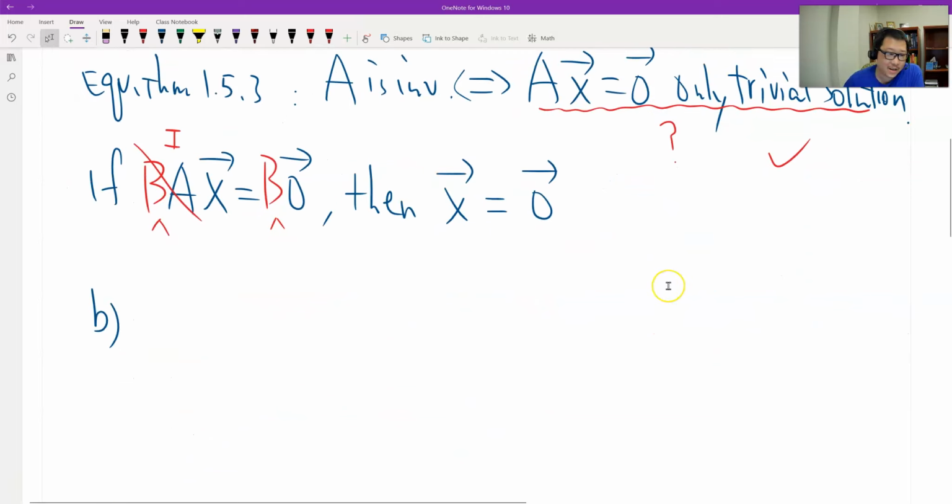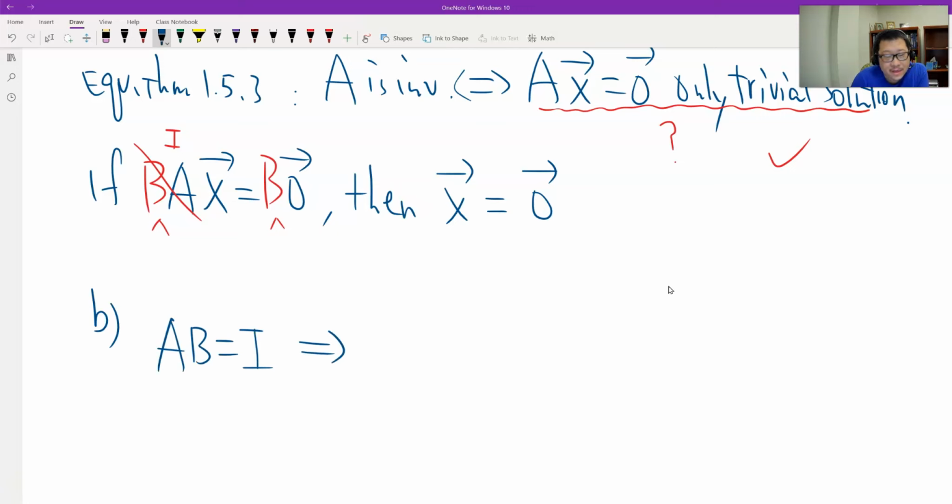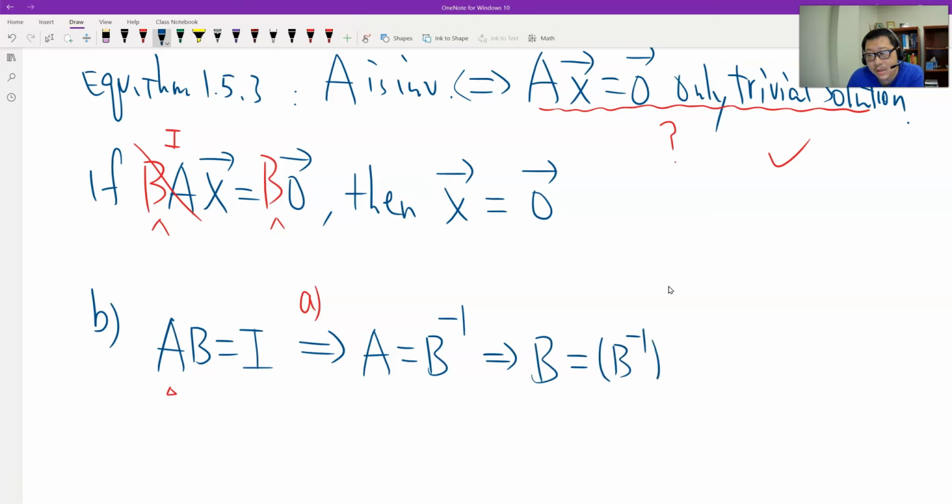If A B equals I, then by the first proof, the first should be the inverse of the second, so A is the inverse of B. We need to say B is the inverse of A. The inverse of the inverse, which is a property we learned before, gives that the inverse of B is A, and therefore B equals the inverse of A. So that's the proof. Thank you.